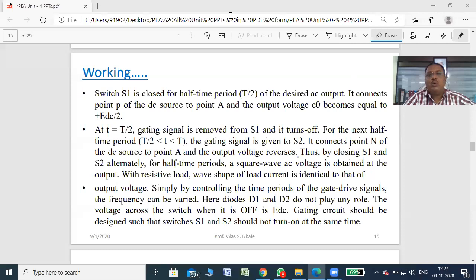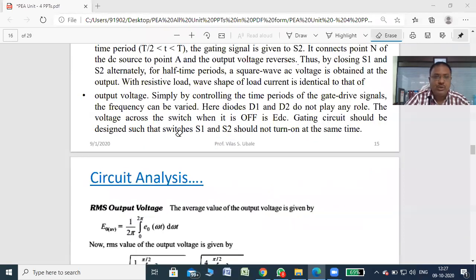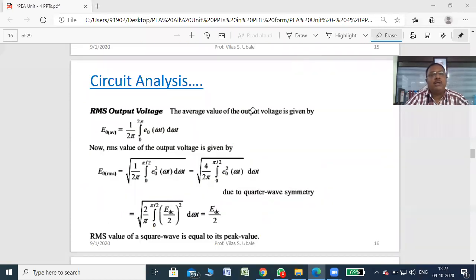Okay, so the last 1 minute is remaining, but from your side, no question. So we'll go for the circuit analysis.